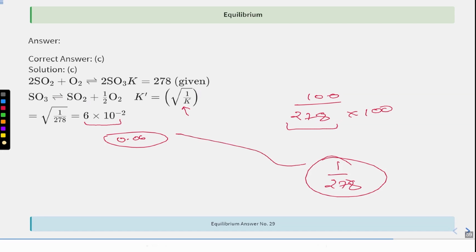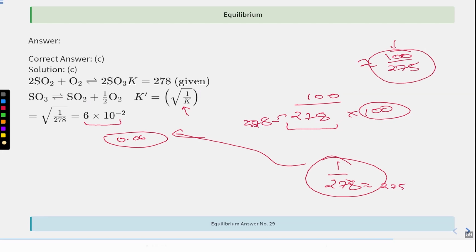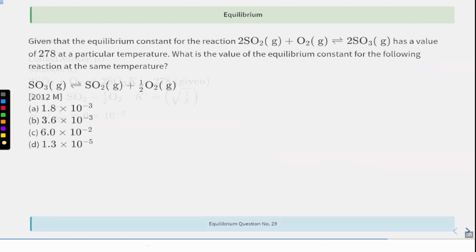Now I am approximating this a bit to 275. So whatever is the approximation of 100 by 275, both of these will go in the 25 table, right? That'll be 4, and that will be 11. So 4 by 11.